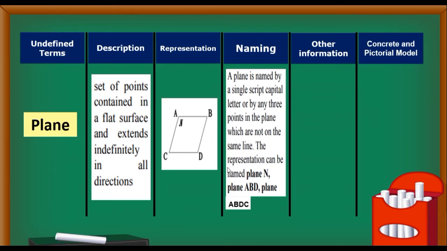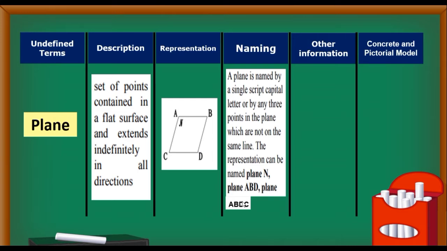Okay? So, pwedeng yung A, B, D, pwede rin pong B, A, C, pwede rin A, C, D, pwedeng B, D, C, pwede rin pong D, C, A. So, kahit ano po doon. Basta tandaan po natin, dapat consecutively natin siya sasabihin. Hindi po pwedeng magkakabaliktad.